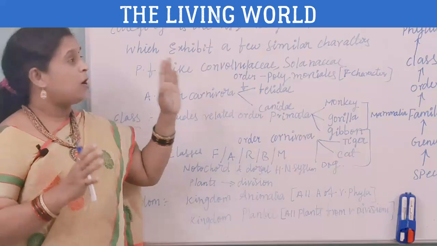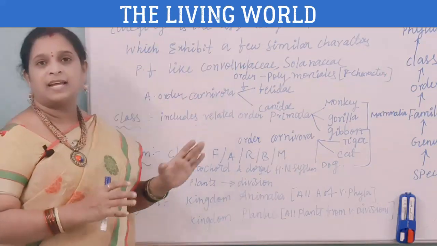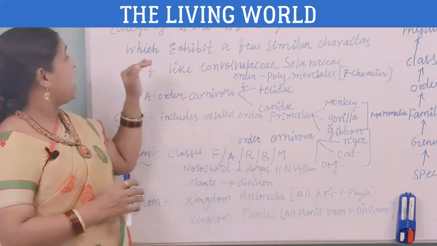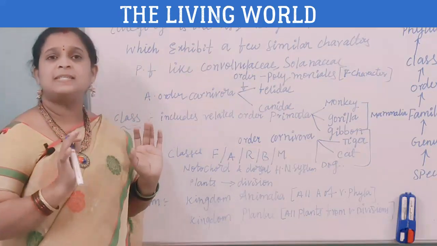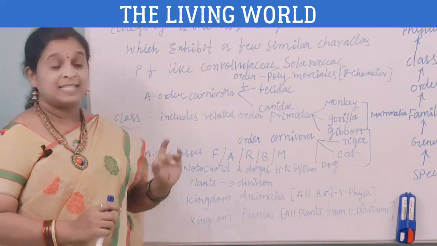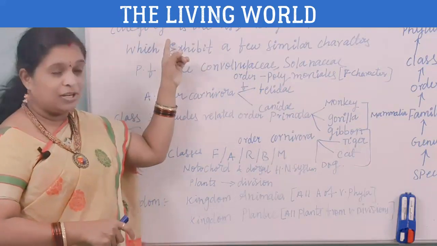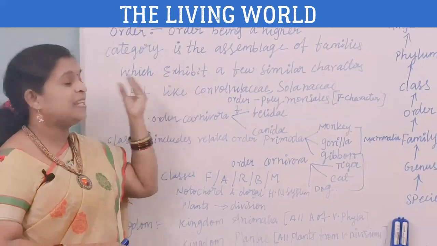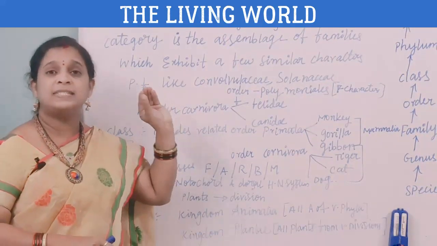Let us get into the next level of the taxonomic hierarchy, that is the order. Order is a higher category, an assemblage of families which exhibit a few similar characters.